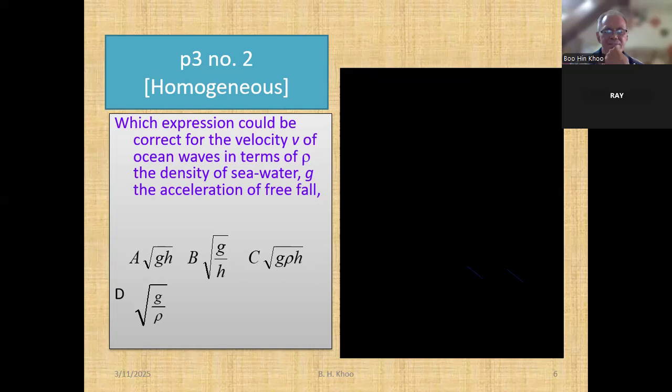Ken, what is the answer? Find the unit for velocity and then go through each of them.